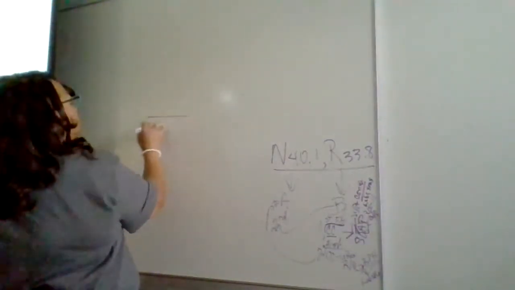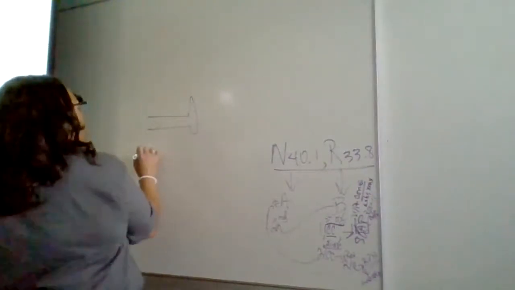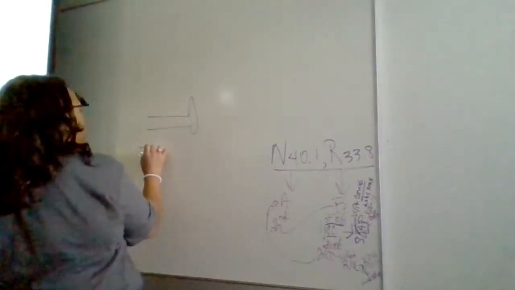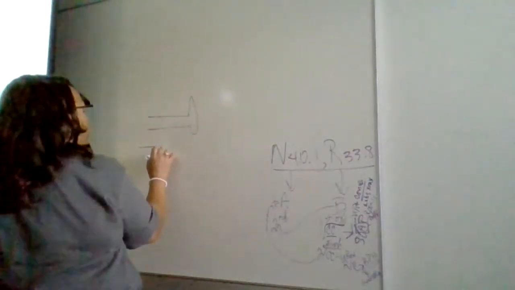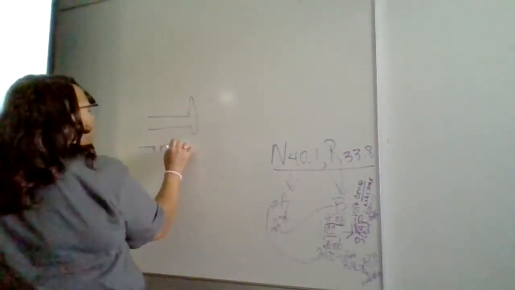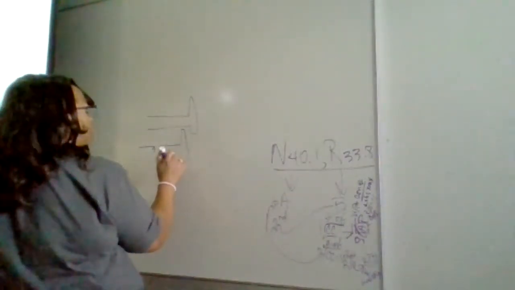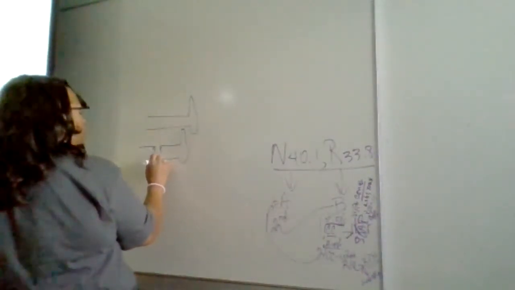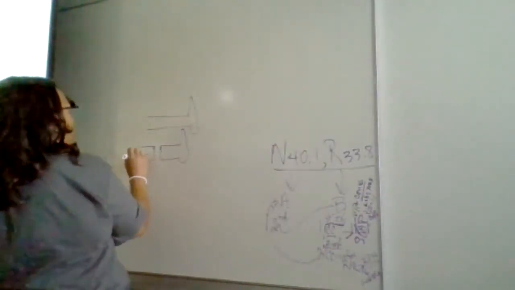Let's suppose this is a leg. Okay, this is a foot. Okay, and let's suppose this is a leg. Crack, crack, crack, crack, and this is a foot. Crack, crack, crack, crack. Okay.